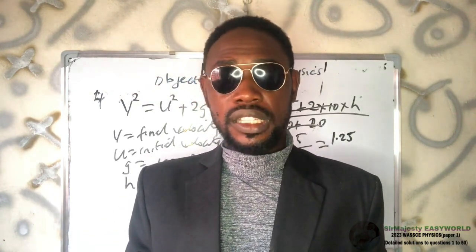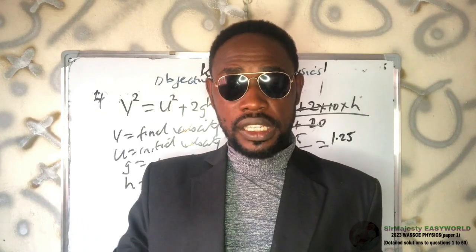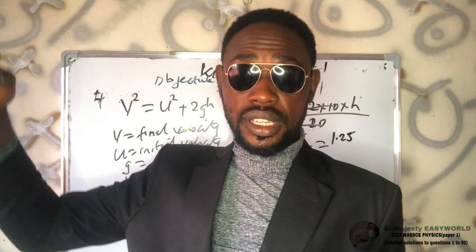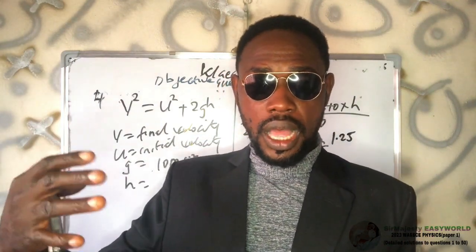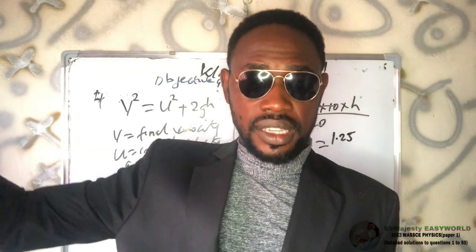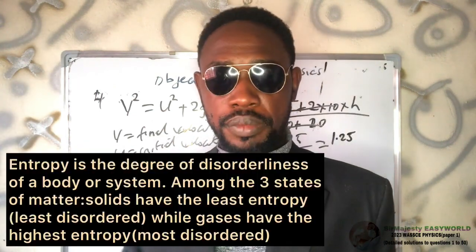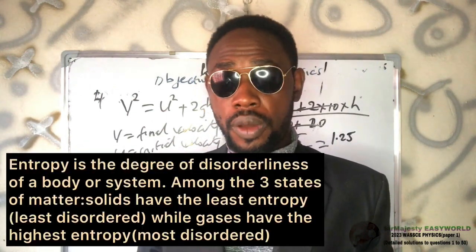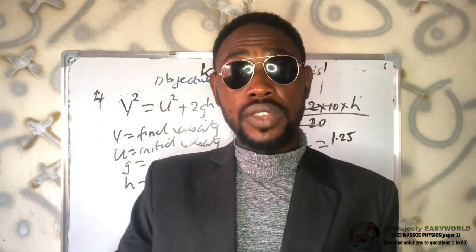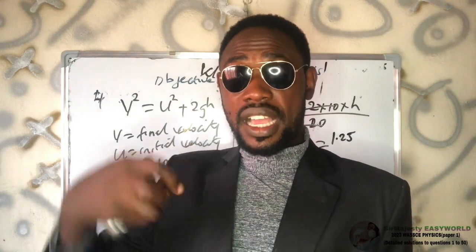So latent heat must be absorbed for a liquid to change to gas. Whenever the entropy is increasing, latent heat will be absorbed, but a decrease in entropy will lead to liberation of latent heat, meaning disorderliness. If you move from solid to liquid to gas, for you to change solid to liquid, you have to absorb latent heat to increase the kinetic energy.